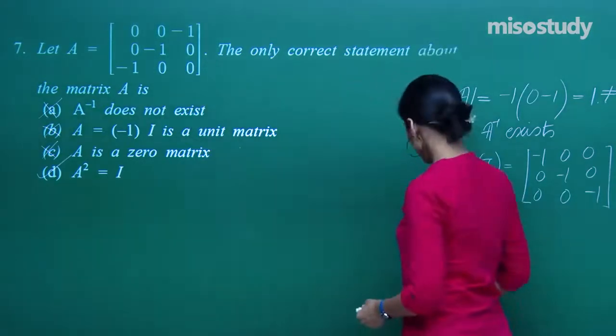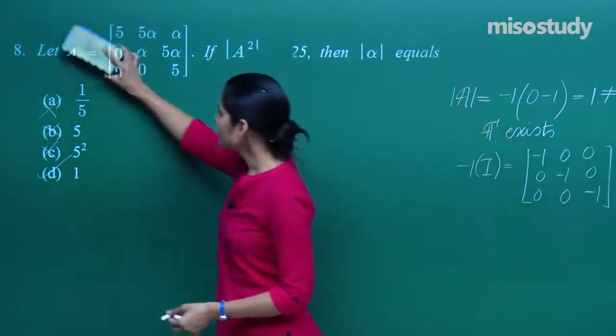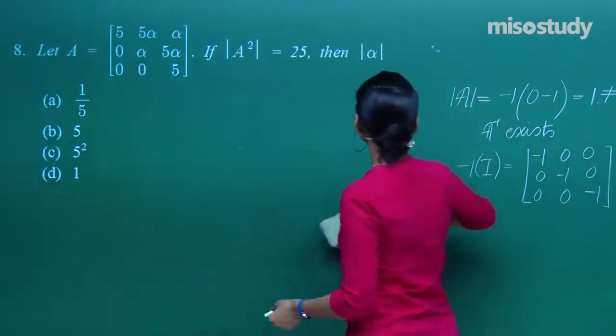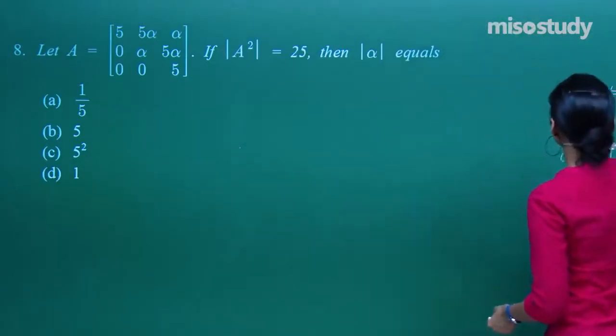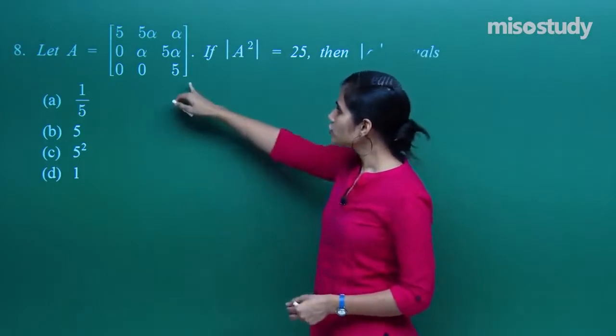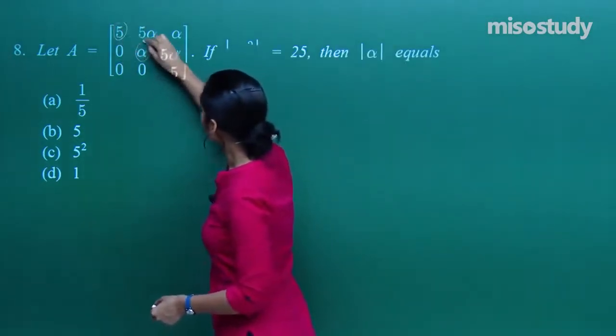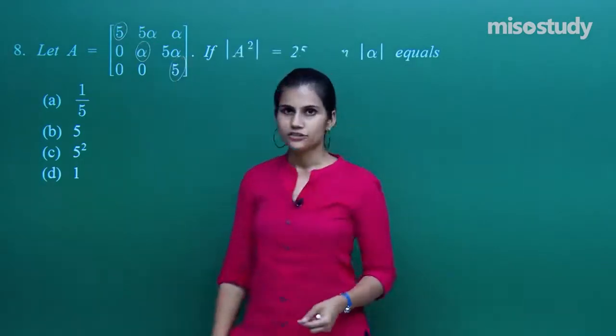Clear? The next question says, A is this matrix. Now the speciality of matrix A over here, as you can see, is that it is an upper triangular matrix, right? Because it is an upper triangular matrix, you should know that the determinant of A is just equal to the product of these diagonal entries.